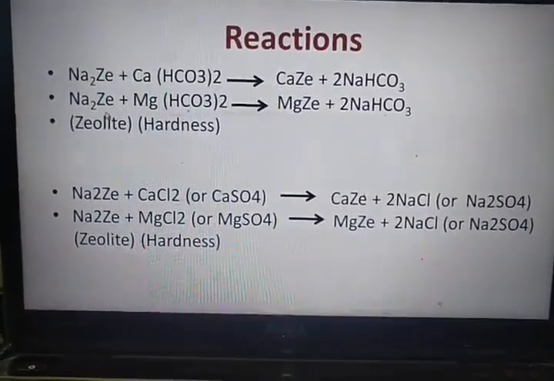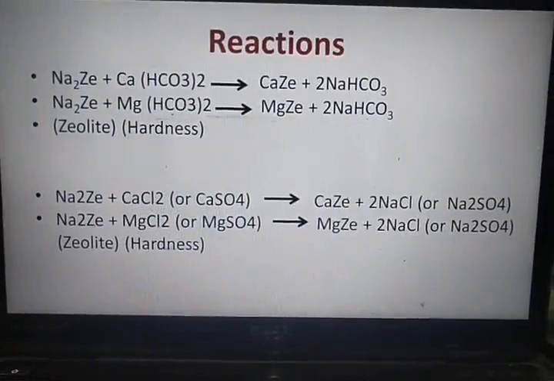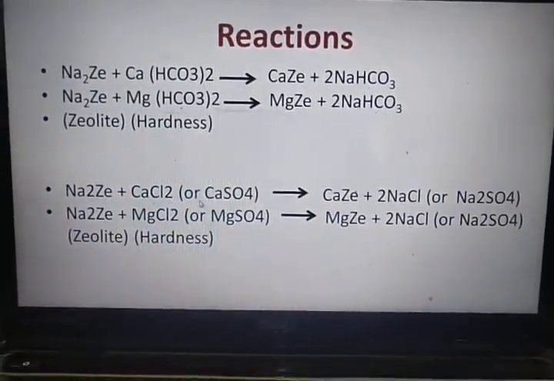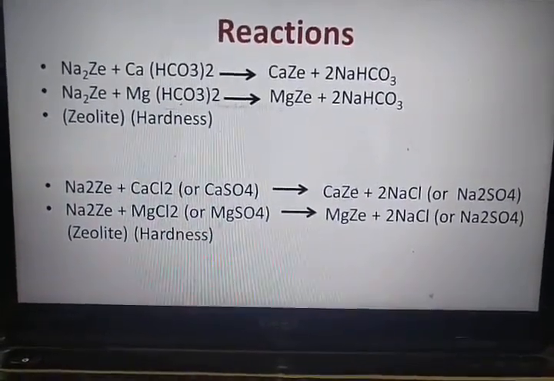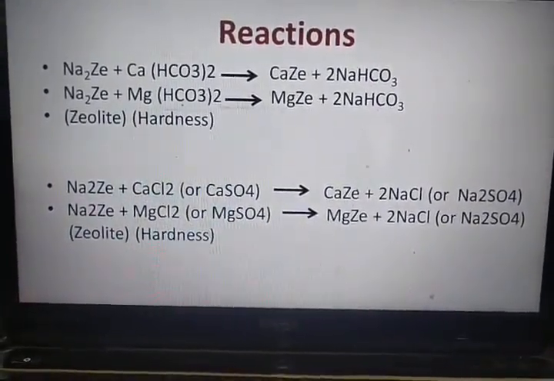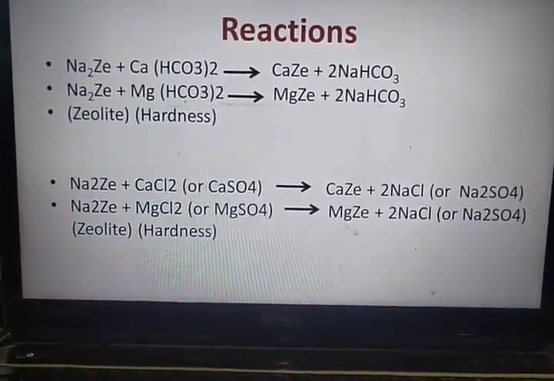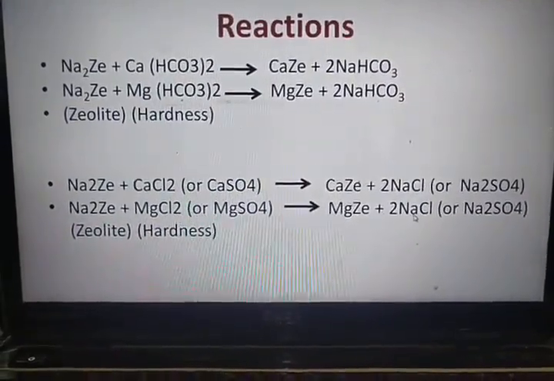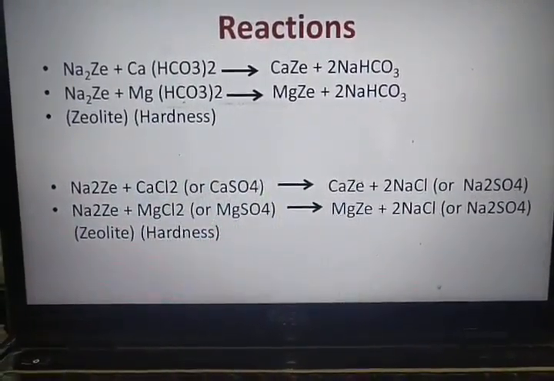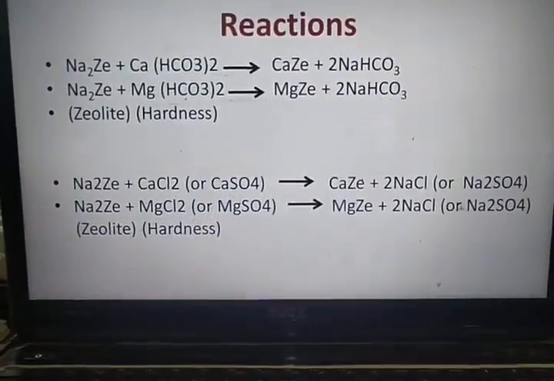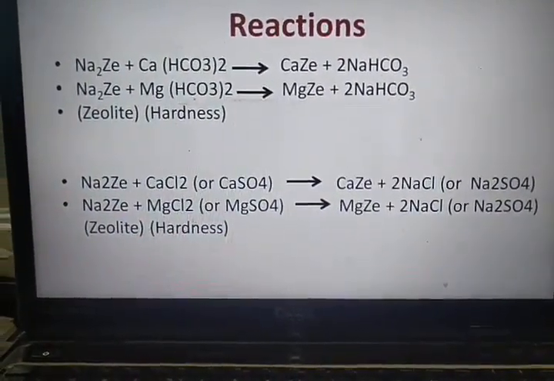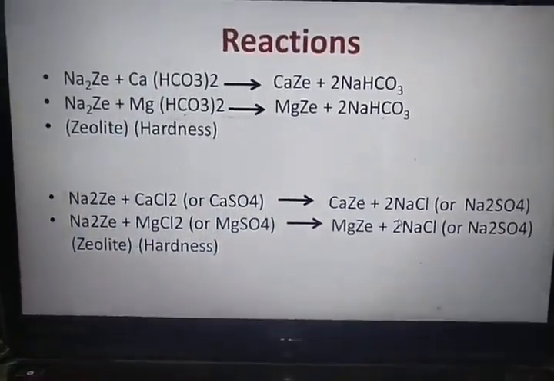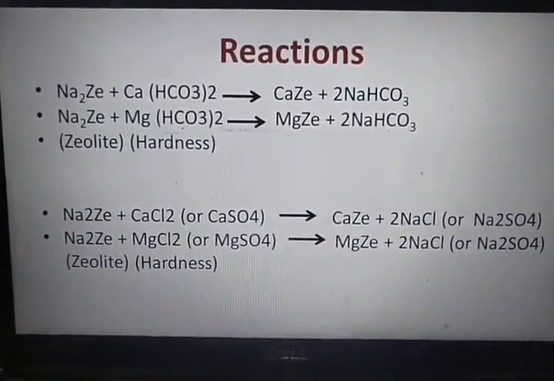Similarly, the same zeolite, if it is used for the non-carbonate hardness, you can see calcium chloride or calcium sulfate, magnesium chloride or magnesium sulfate, you will be getting as the removal in the form of CaZe and MgZe, with sodium chloride if it is a chloride, and sodium sulfate if it is the calcium sulfate and magnesium sulfate. So this is the zeolite and this is the hardness causing ions or salt, and this is the removal after passing through the bed of zeolite.